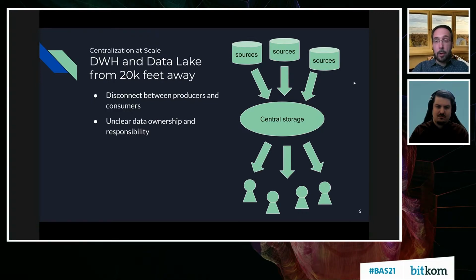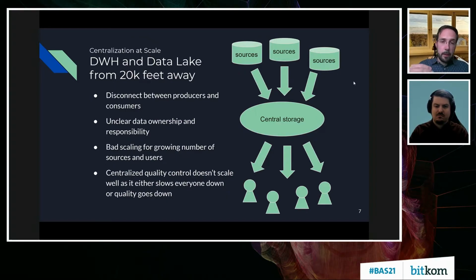Often they do not even know each other directly. And this, among other things, leads to unclear data ownership and an unclear responsibility situation. That means there are data sets where it's not really clear who owns them and who is responsible, for instance, for their quality.